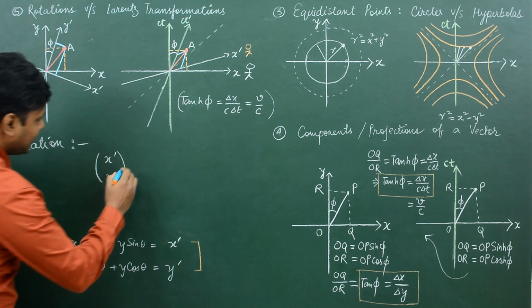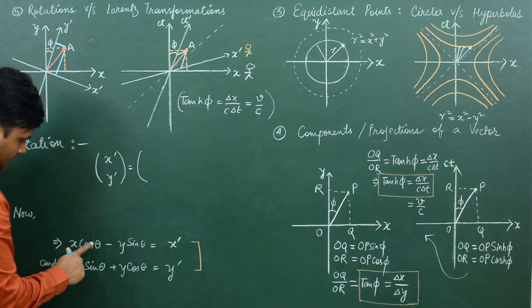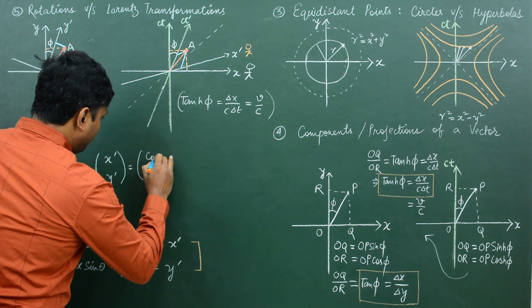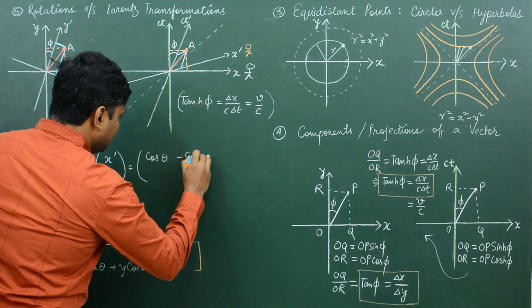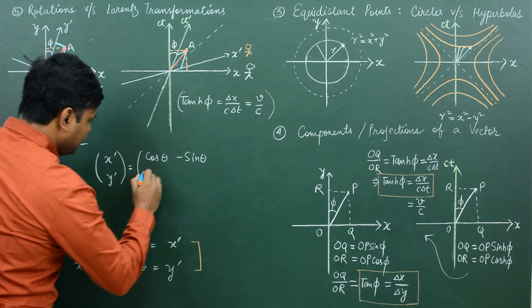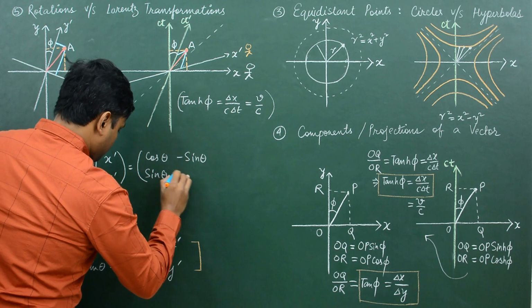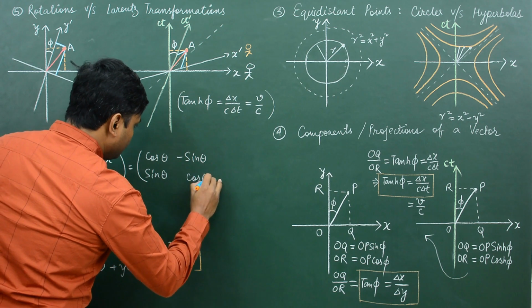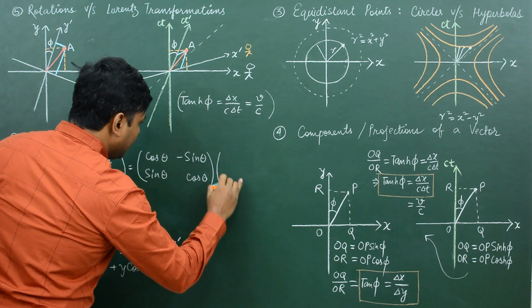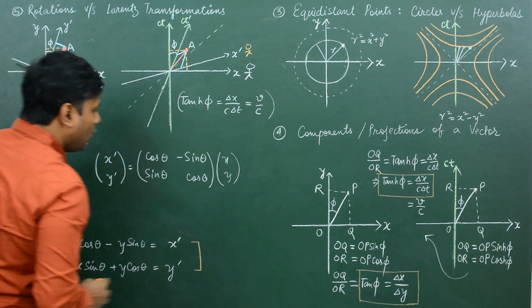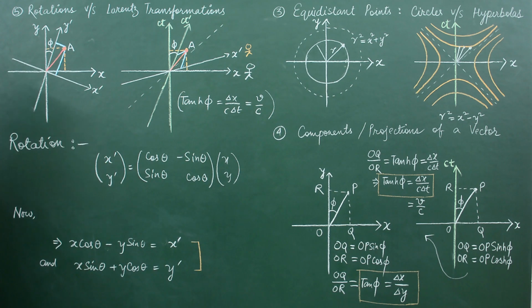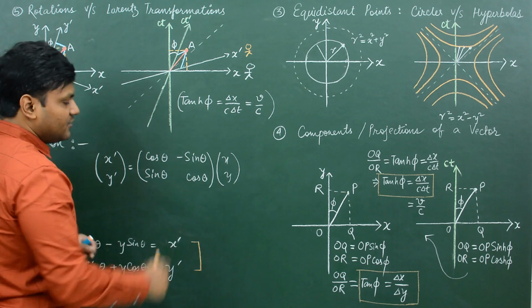x dash y dash is equal to the matrix cos theta, minus sine theta, sine theta, cos theta, times x y. So if I want to create a rotation of the axes in Euclidean space, this is the transformation equation.